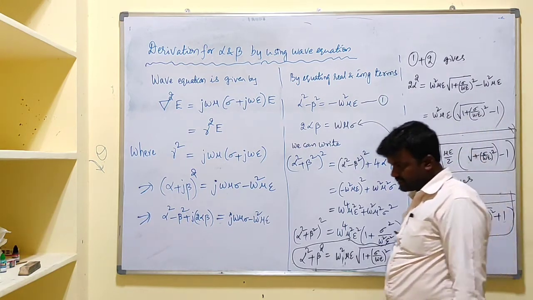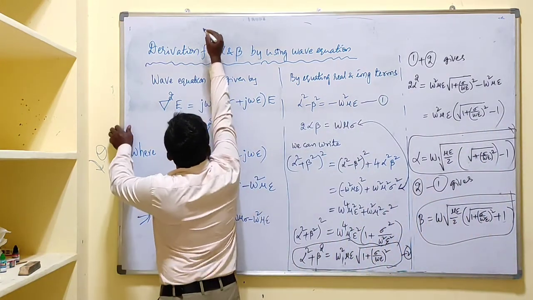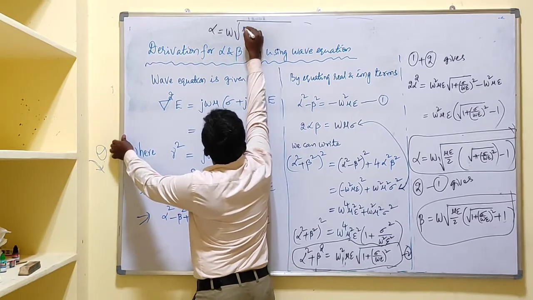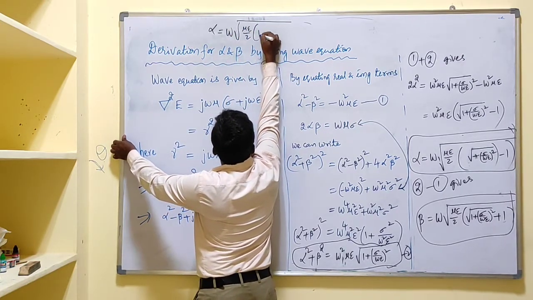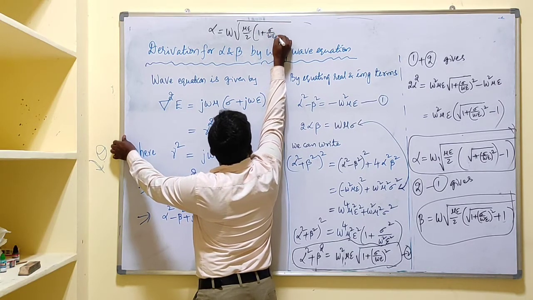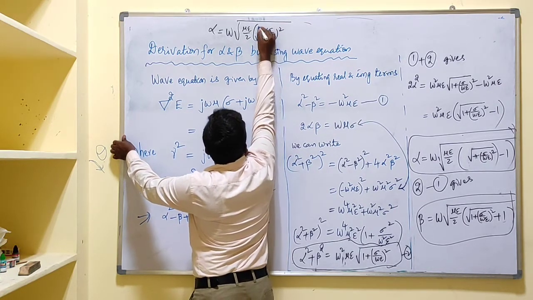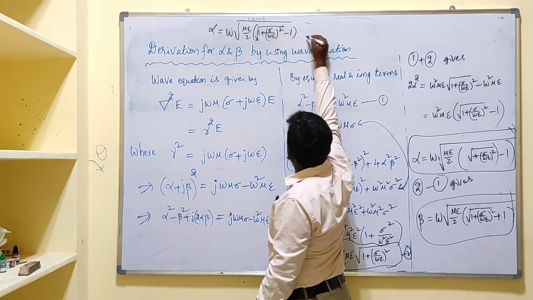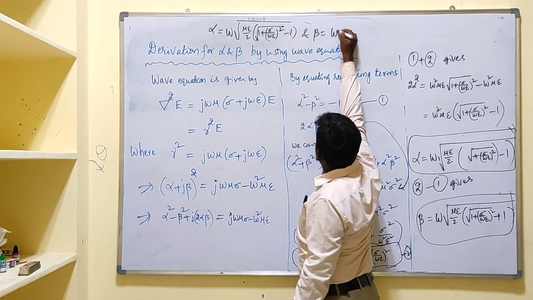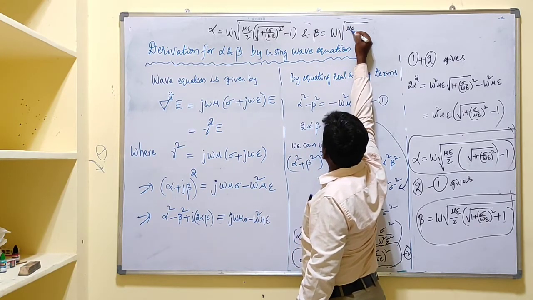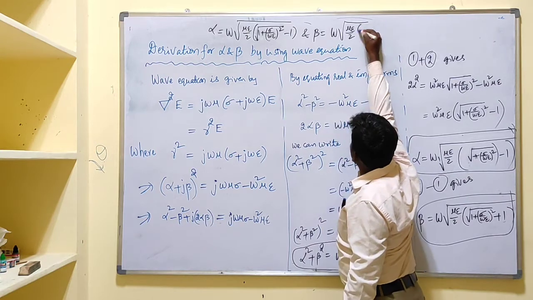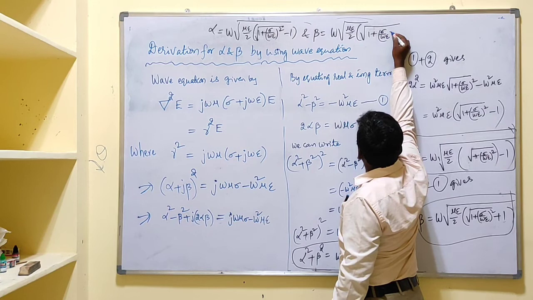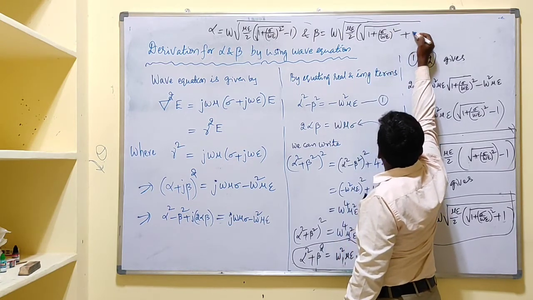I will write those expressions here itself. Alpha is written as omega into under root mu epsilon by 2 into 1 plus sigma by omega epsilon whole square minus 1. This root is up to this part. And beta is omega into under root mu epsilon by 2 into 1 plus sigma by omega epsilon whole square plus 1.